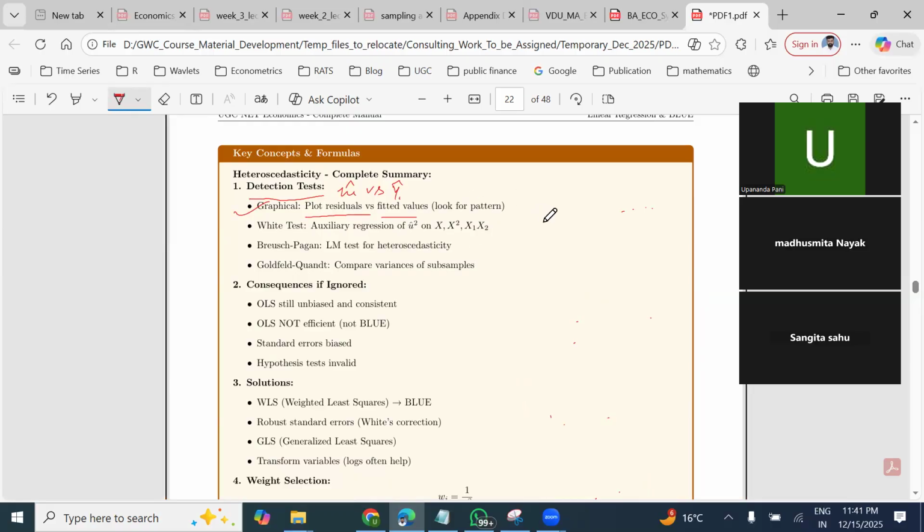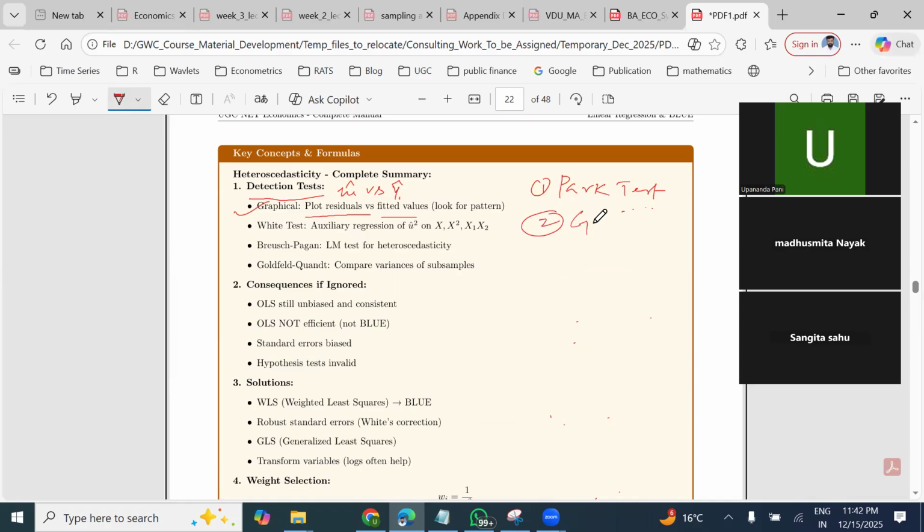Now what are the formal tests? One is the graphical method, I told you. Just to remember, the Park test. When I take data, I will explain the equations later on, when we study heteroscedasticity in general.